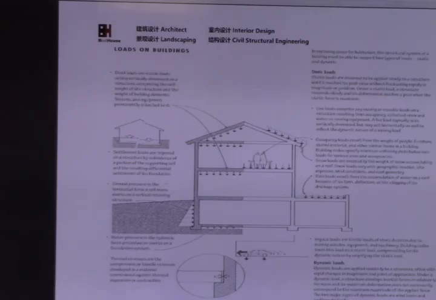There are two kinds of loading. One is static loading, and the other one we just classify. The static loading is the first one, and the dynamic loading is the second one. What's the static loading?